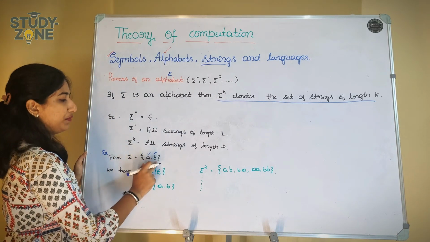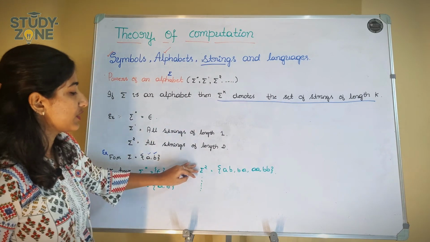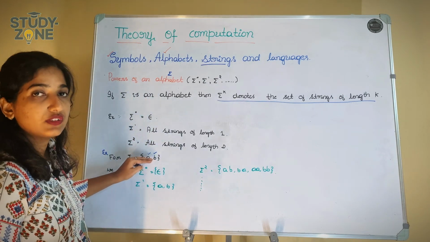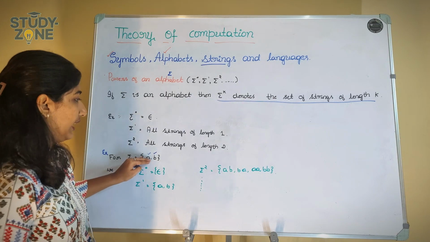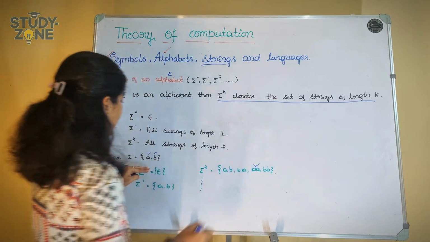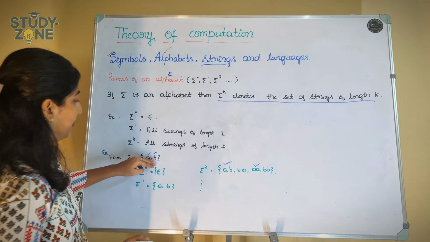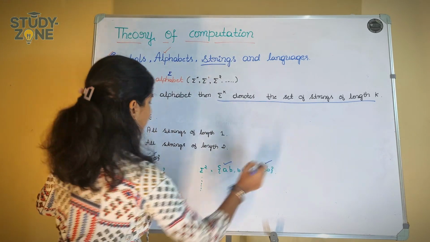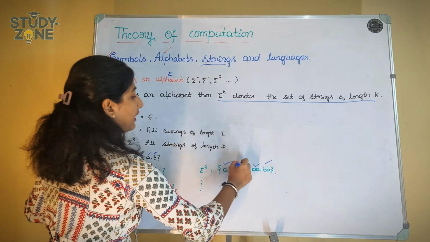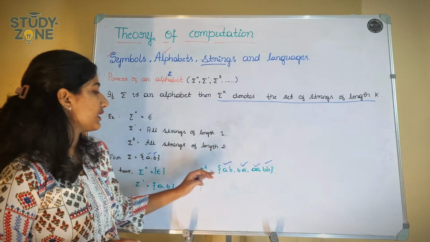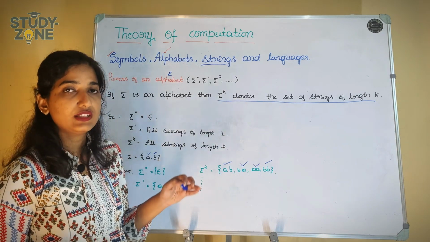We can write A, B, that's it. So sigma square is the combination of A, B. Whatever combination we can do: AA, done, AB, done, BB, done, and then BA, done. Is there any other possible way that is left? No, right? So this is how we represent the powers of an alphabet.